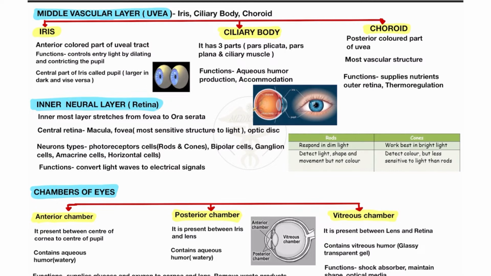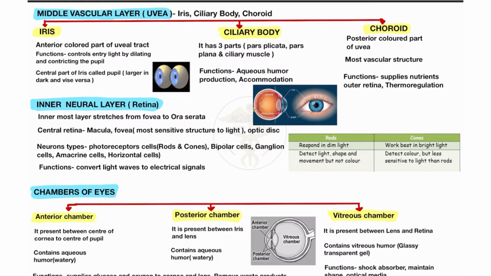So it is large in the dark and small in the light. It changes shape on the basis of the amount of light. So this is the iris, which is the colored part present anteriorly, and the center of the iris is called pupil.